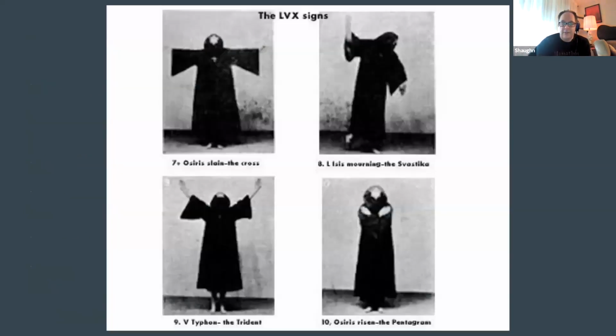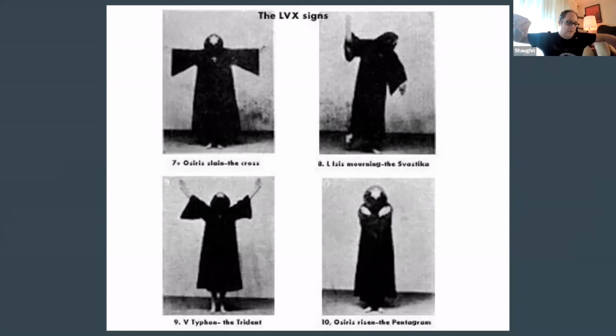Okay, so here are the signs, the LVX signs. They're known as the LVX signs. So we have the sign of Osiris slain, the mourning of Isis. So the right hand is up with the elbow at a 90-degree angle. The head is kind of bent, looking down to the left.